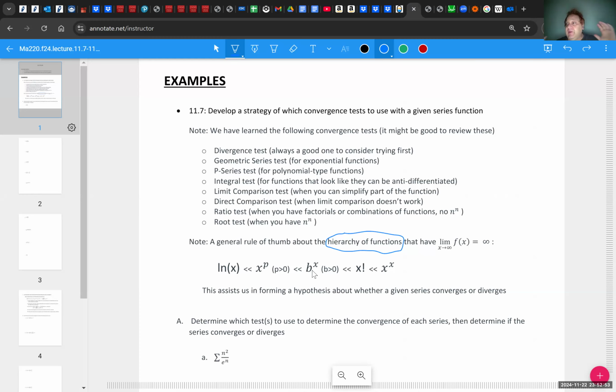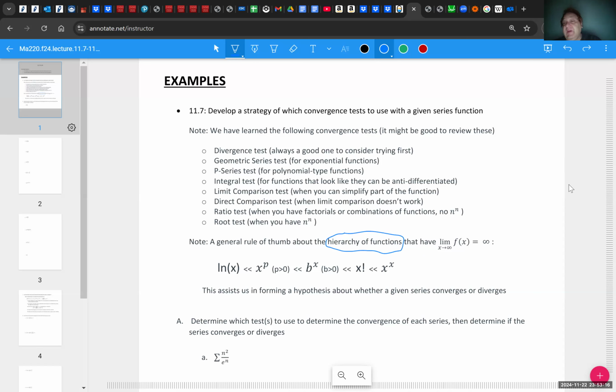So you can focus on the exponential and use that as a guide to think about, okay, does this converge or diverge? What kind of test can I use for exponentials? Those sorts of things. So the hierarchy of functions is what advanced math students do when they're looking at a function, and in this particular situation, a series that has a function in there.